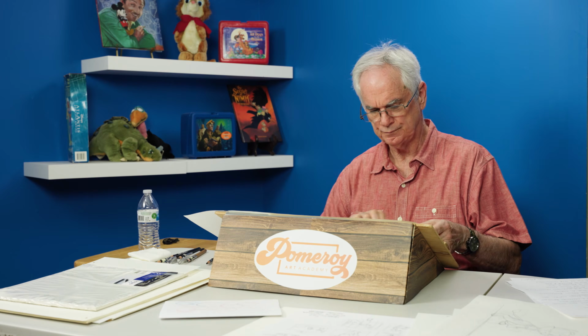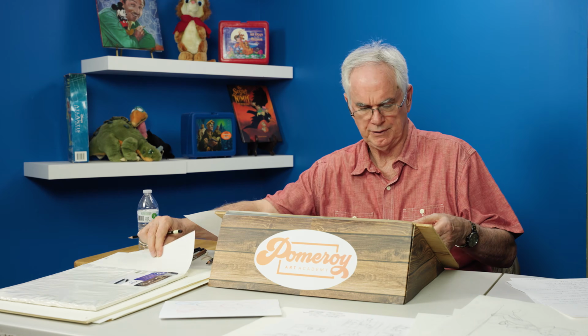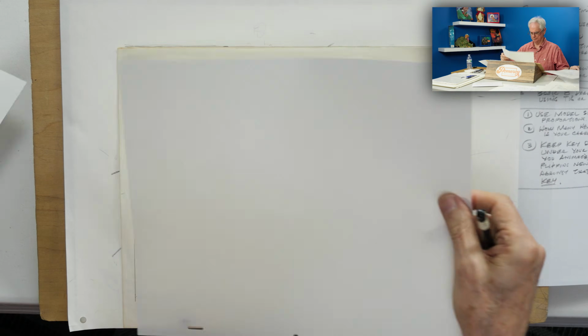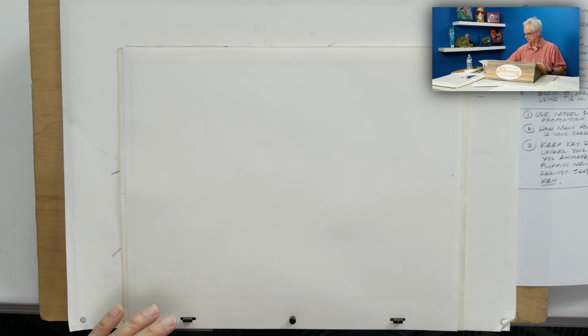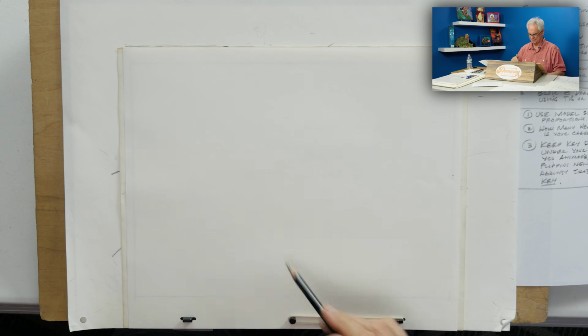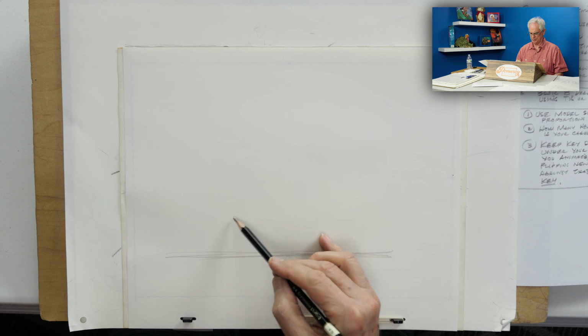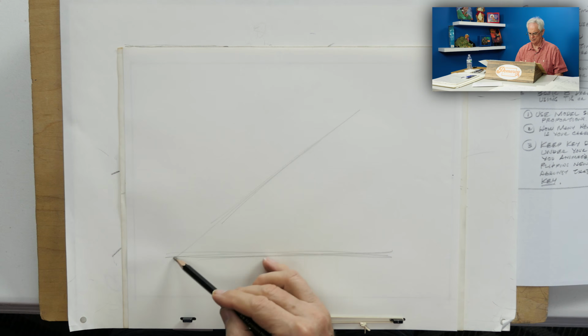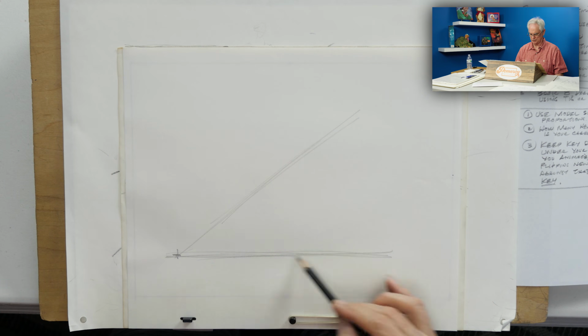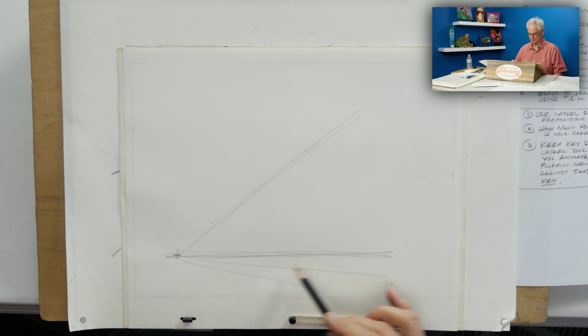Now, if you're doing a scene, let me say that Tig is, we have a ground plane there, and then we have our perspective foreshortening with a vanishing point there. There's my ground plane right there.